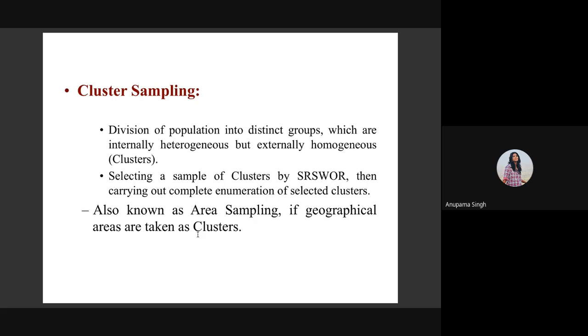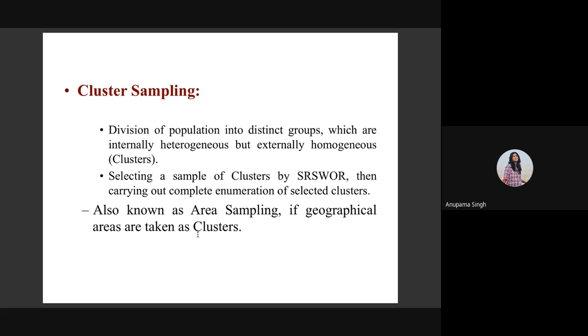So if you are dividing a bigger field into smaller fields, all the smaller fields should, on average, be similar to one another. For example, you are taking the fields of the farmers that all grow sugarcane, or they all grow wheat, or they all grow rice, right? So they are homogeneous. Externally, they are homogeneous, right?